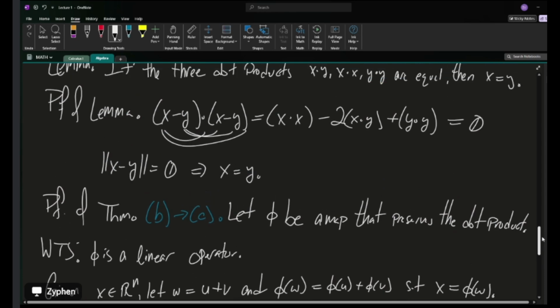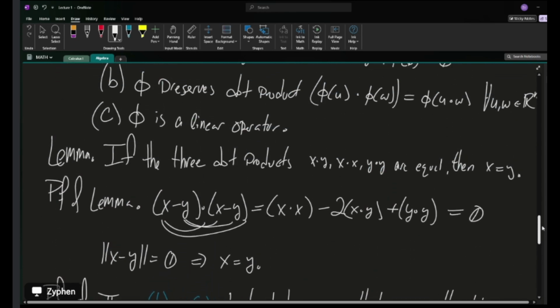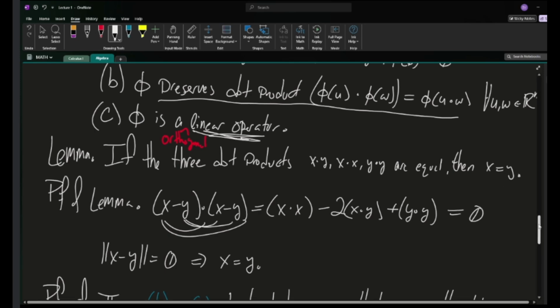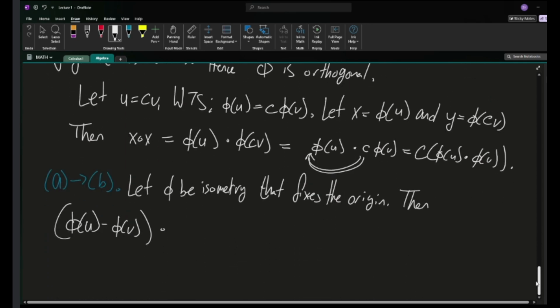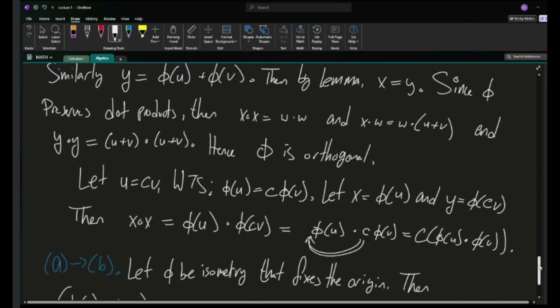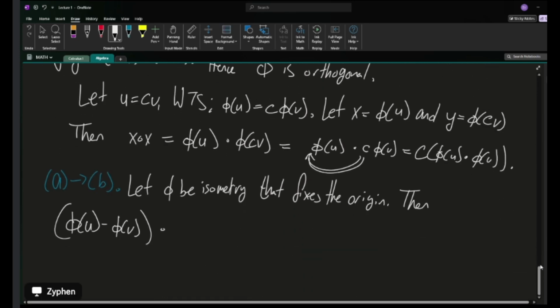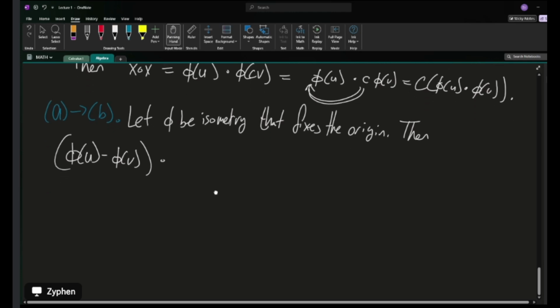Such that because it preserves these dot products, all we have to show is that it's a linear operator. So we have one half of it, we just have to now show that it's a linear operator. I guess I could say that this is an orthogonal linear operator, but it just follows. Yeah, no, I should have said that. Yeah, no worries.